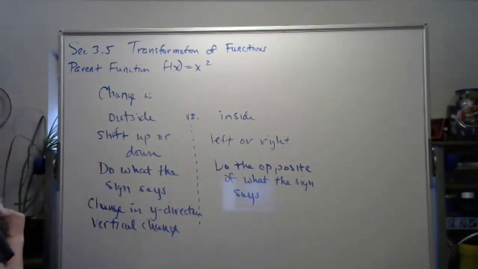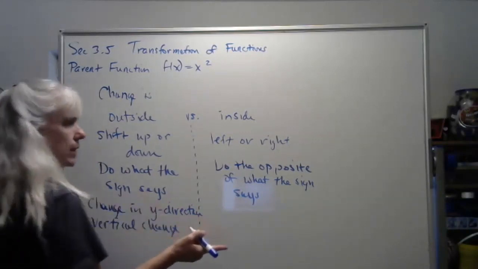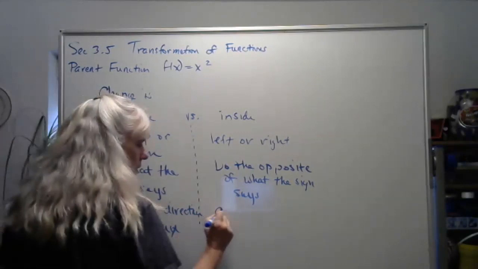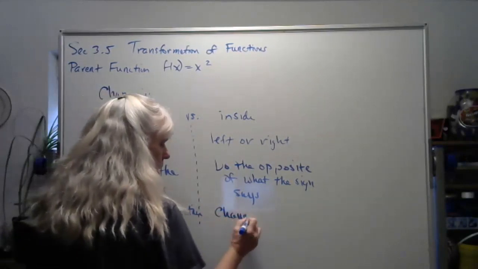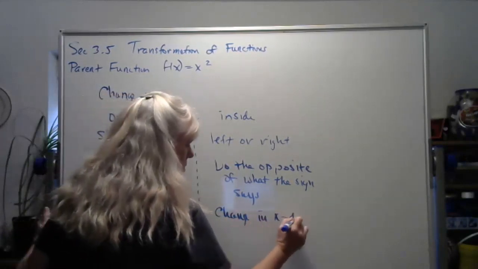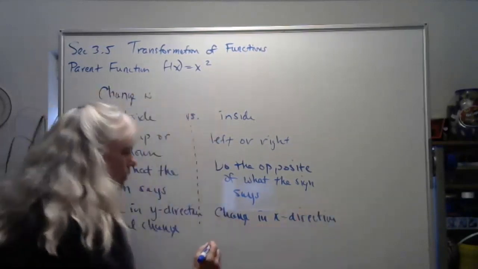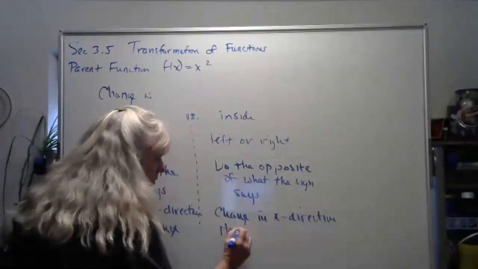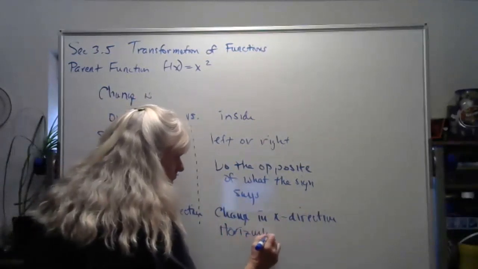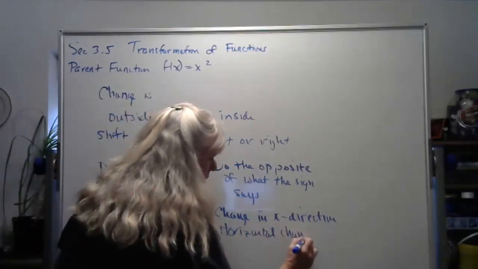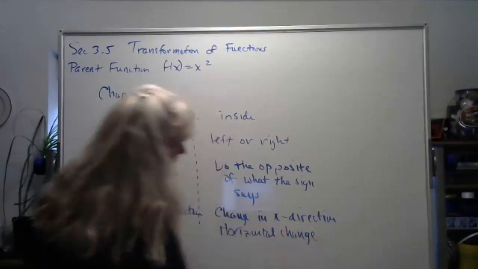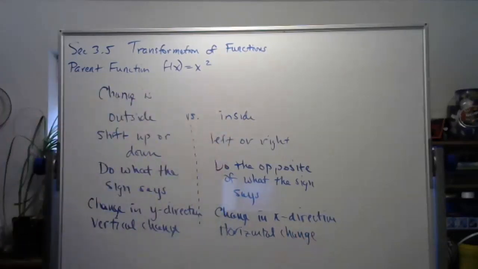If it's on the inside, we're going to make a change in the x direction, and that would be a horizontal change. So what I tend to remember is if I'm outside, it's doing something to the y. If it's inside, you're doing something to the x.